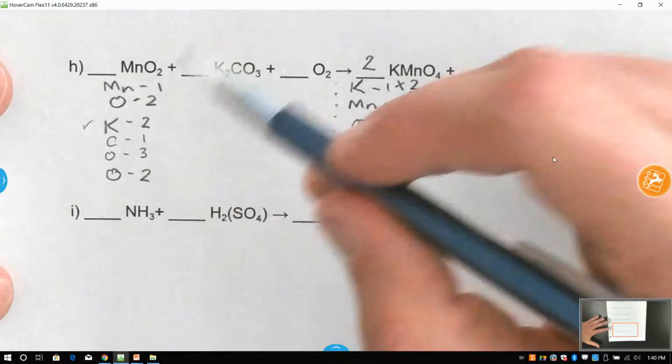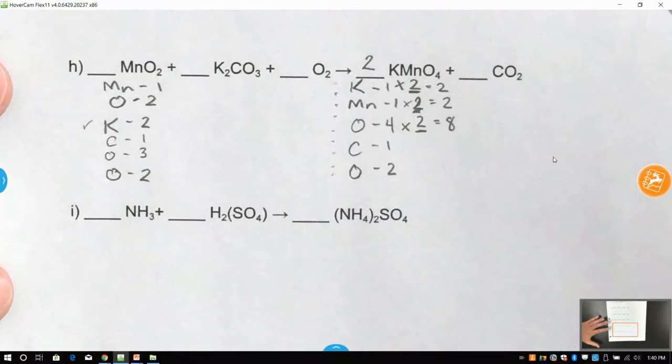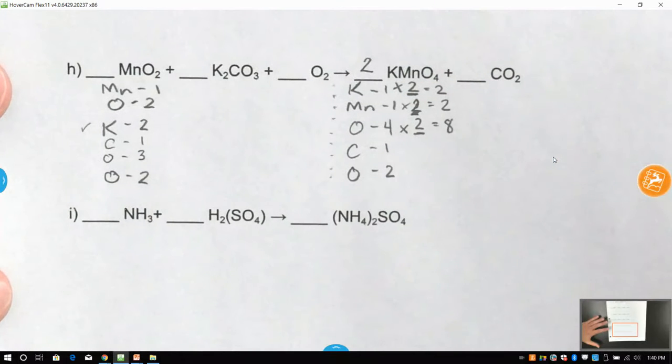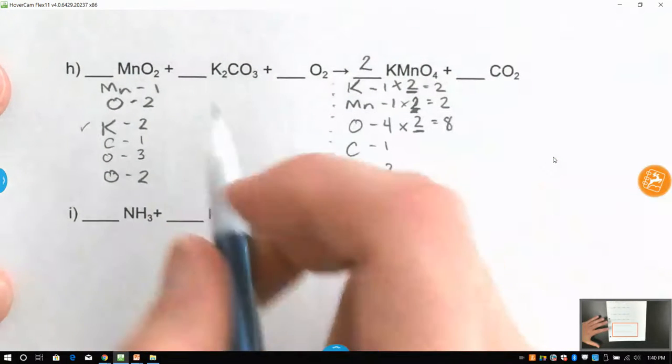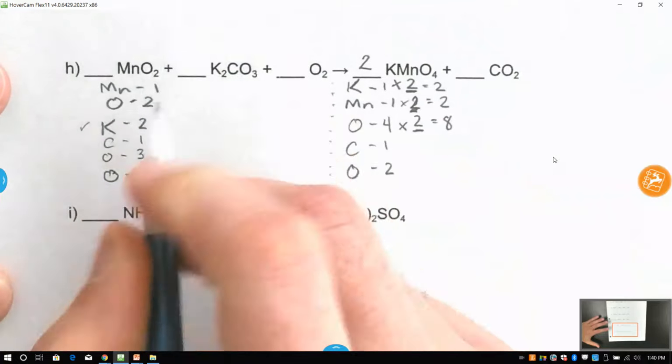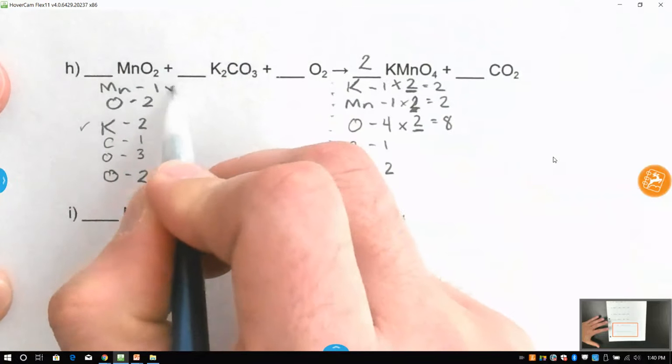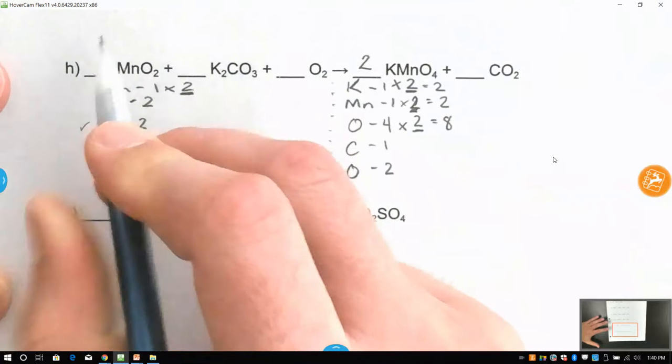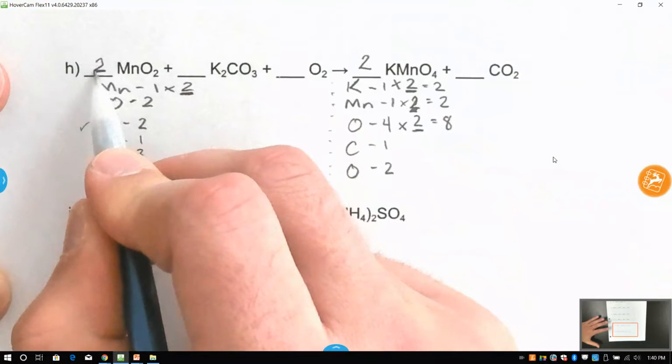So what next? Well, my manganese are no longer balanced, so let's go for them. I have 2 on the right side now, only 1 over here, so I'm going to multiply that by 2. The 2 becomes the coefficient.